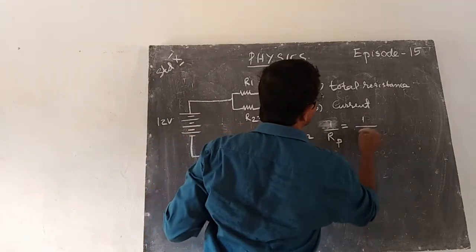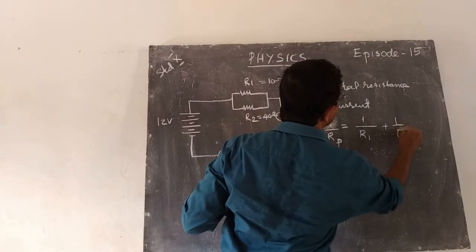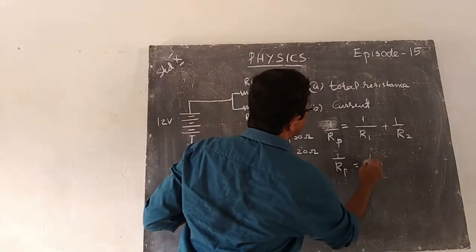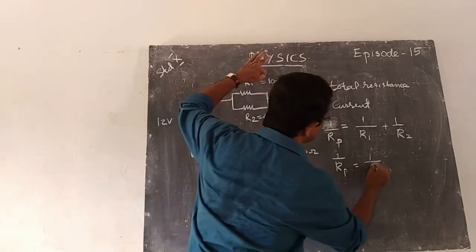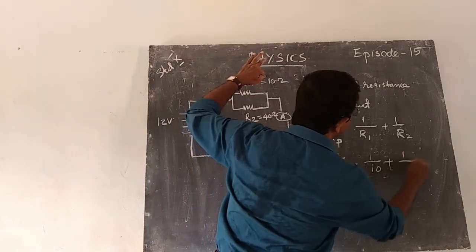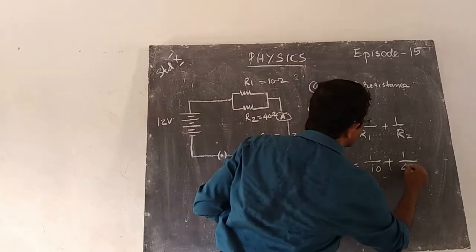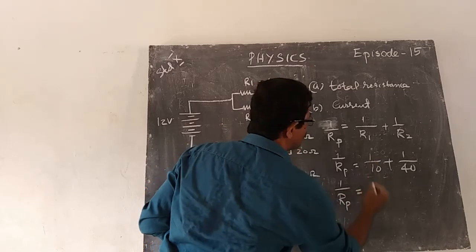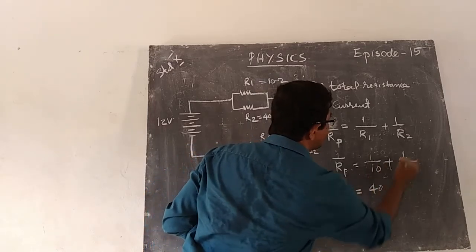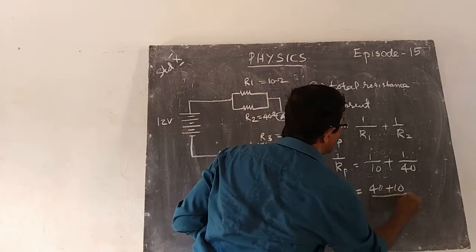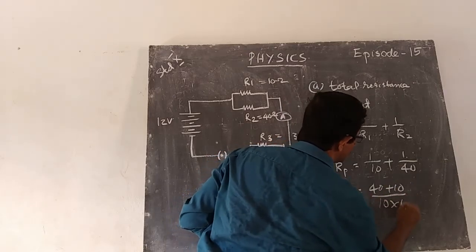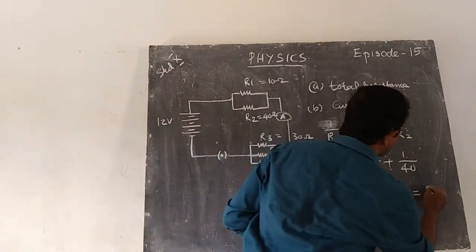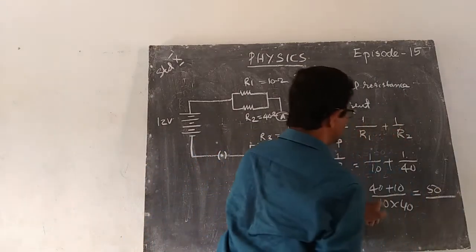So 1 by Rp is equal to 1 by R1 plus 1 by R2. That is 1 by Rp equal to 1 by 10 plus 1 by 40. Now we can cross multiply: 40 plus 10 by 10 into 40, that is equal to 50 divided by 400.